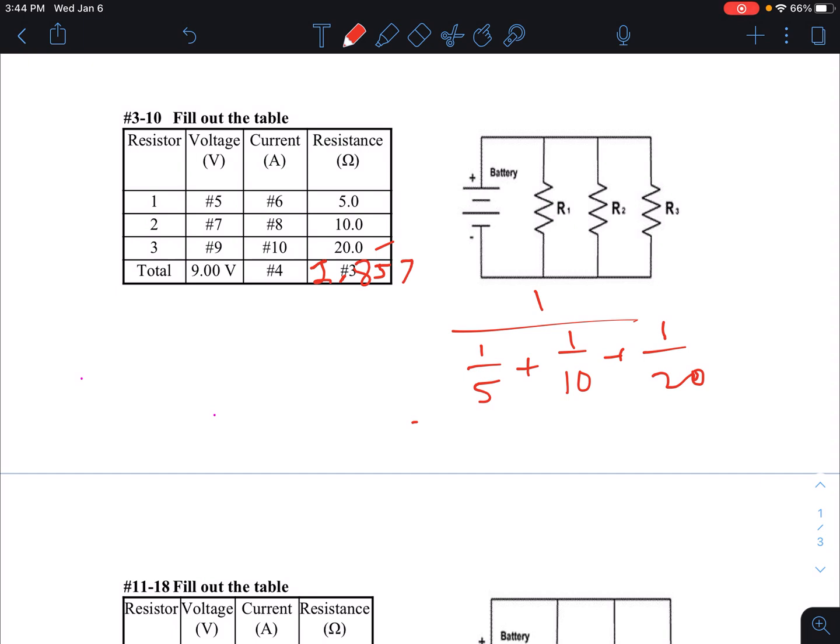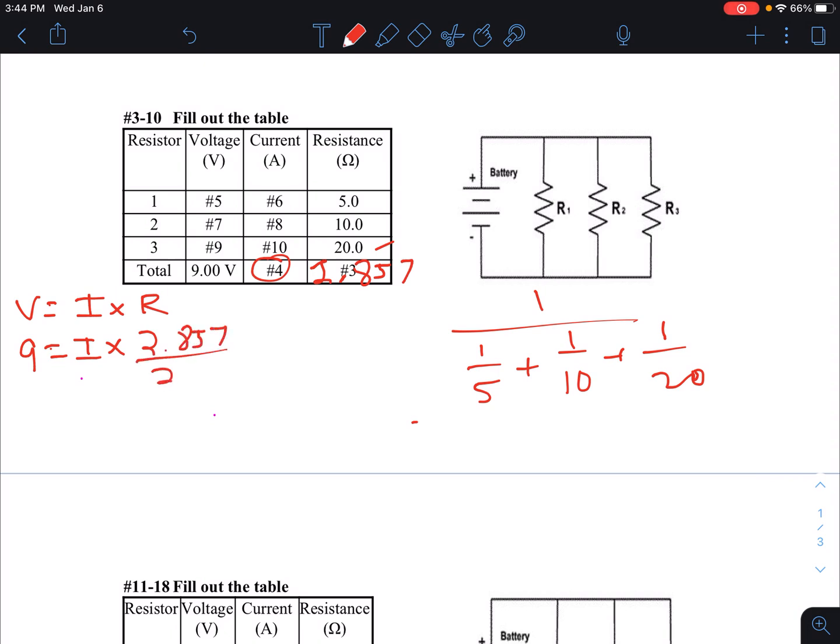Okay, then we can calculate our current. Remember, like we did with the series circuit, we have an equation that says voltage equals current times resistance. We know our total voltage is 9. We don't know our current, but we know that our resistance is 2.857.